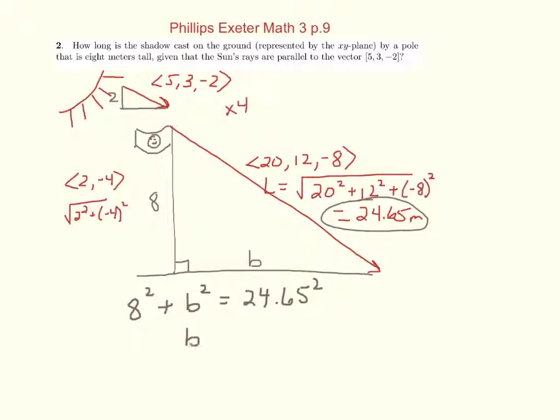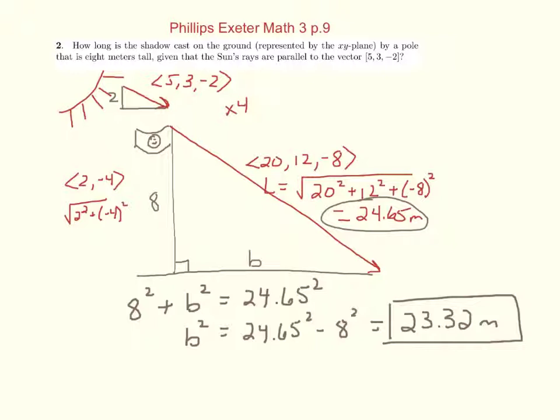So B squared equals 24.65 squared minus 8 squared. At this point, I'm confident you can do your math correctly. And I got 23.32 meters. Correct me if I'm wrong on that as far as my calculator work goes. Any questions on that?